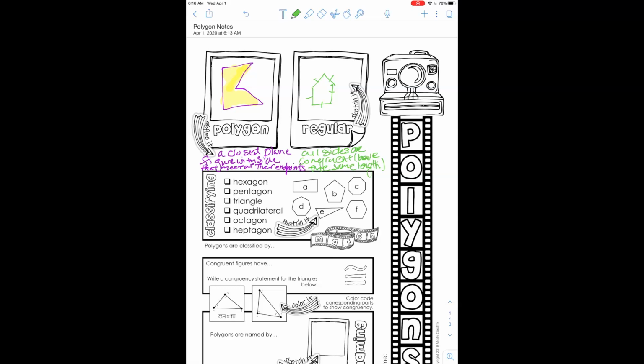So right now I want you to pause the video and match up the shape with its name.